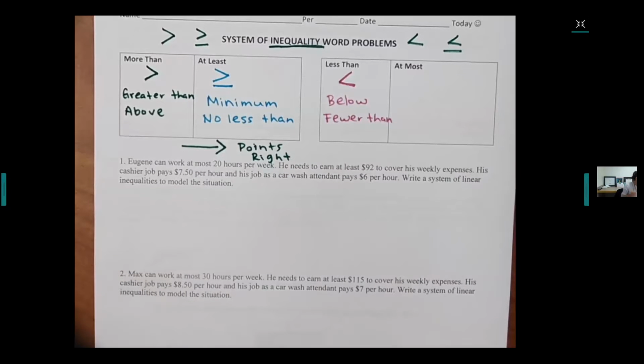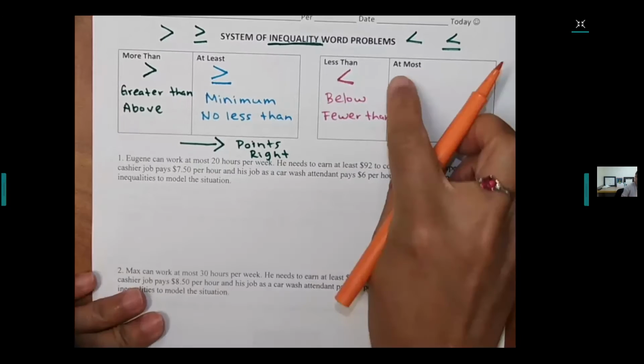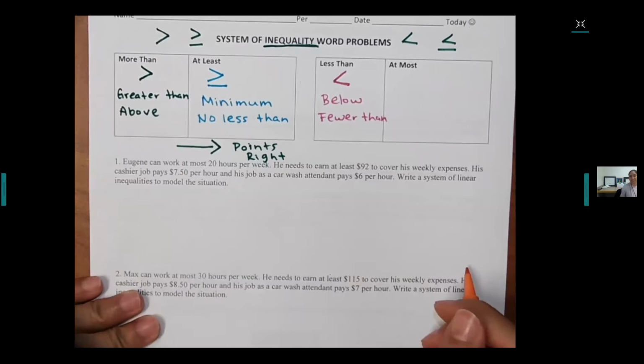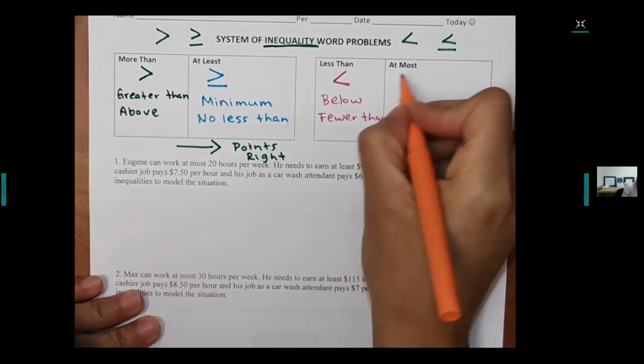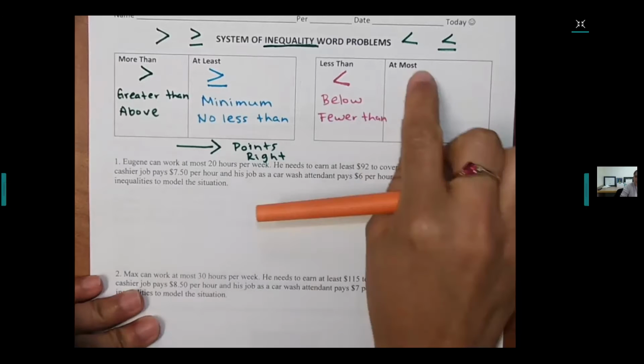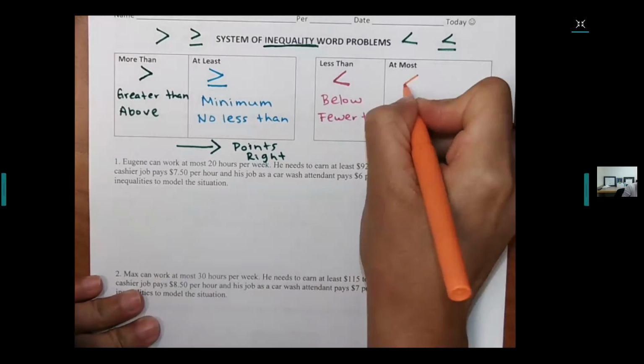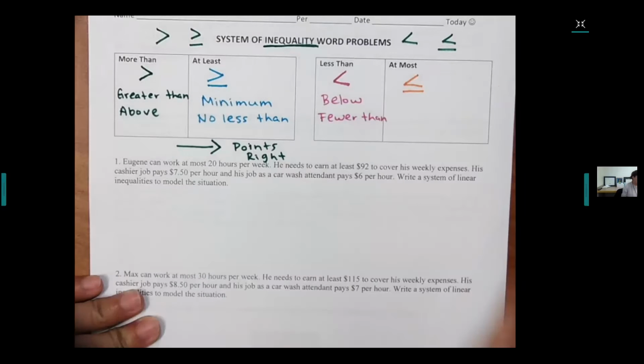When you see at most, let's say I send you to the store and I tell you, you can spend at most $50. That means $50 is your limit. You cannot go beyond $50. So when you see at most, even though it has the word most in, it actually means you need to spend less than or equal to that amount, okay?